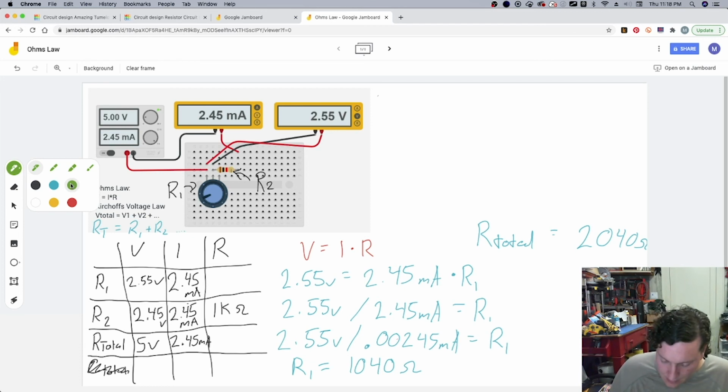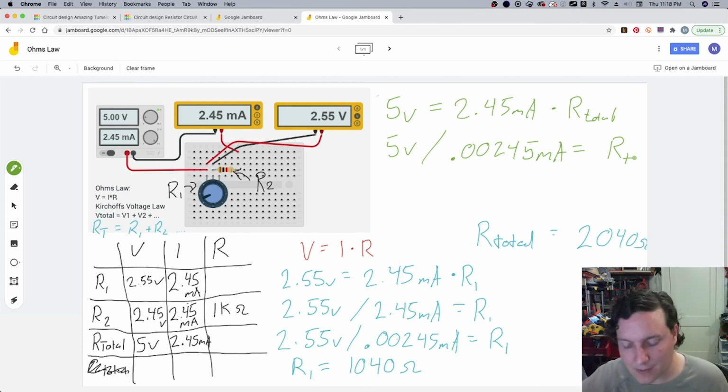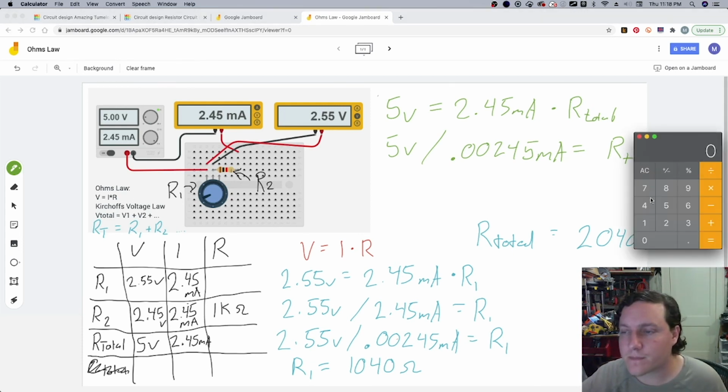So knowing that our total is that 5 volts equaling 2.45 milliamps times our total, we can again break it down and go through those steps. 5 volts divided by 0.00245 amps equals our total, which means, breaking out the calculator once again, 5 divided by 0.00245 equals that same 2040 ohms that we were looking for.